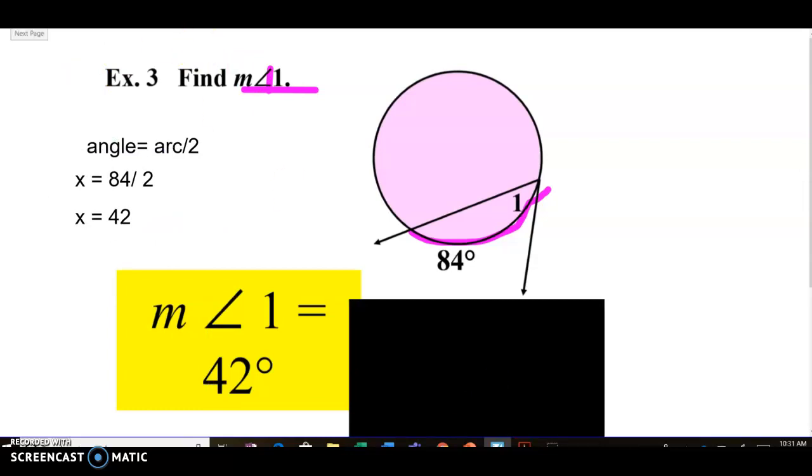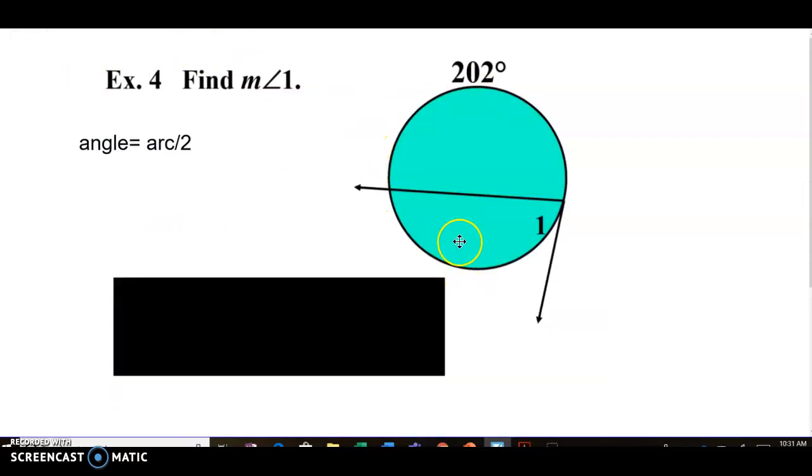This next example here is very important. We're looking for this angle measure right here, but we don't have the arc that we need for that. So we do know that a circle has 360 degrees. And with the way that this is divided up, we have one arc here and another arc here. So I know that if I add these two together, I will get 360 degrees.